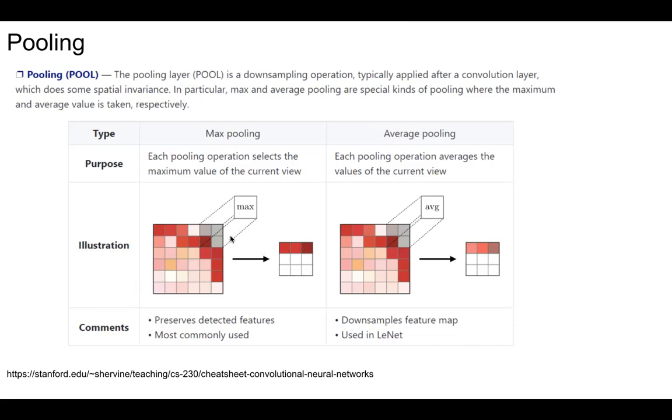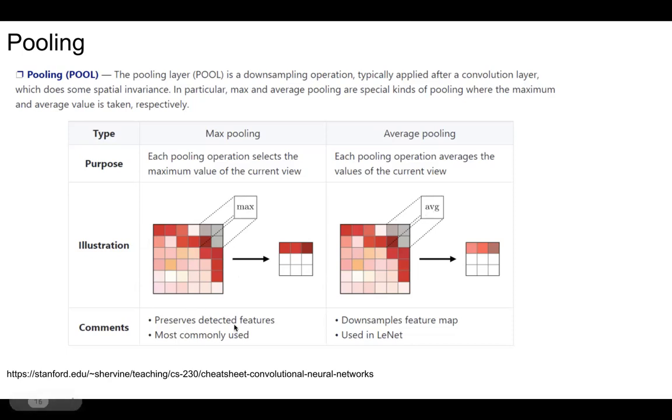So what we're doing here is getting all the important values that are needed from an image without involving any parameters. Second, we're also drastically reducing the image size. If you see, a 6x6 image gets halved to 3x3, just by taking the maximum values. And we can do the same thing with an average as well. If we don't want the maximum, we can just take the average value.